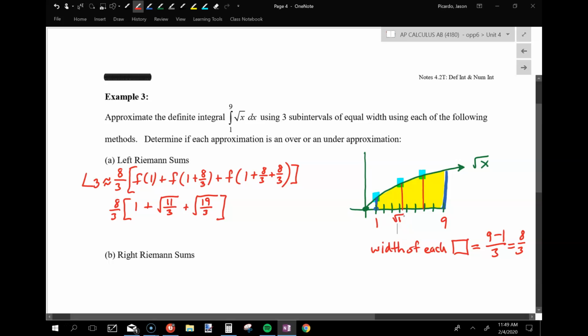This is 11/3. This is 19/3. Because what did I do? Added 8/3, added 8/3. And what's 19/3 plus 8/3? 27/3, which is 9, right? And then again, these are the x values, the y values are f of these, right? Okay, it's notation, right? It's just x's and y's. That's all we're doing, right?